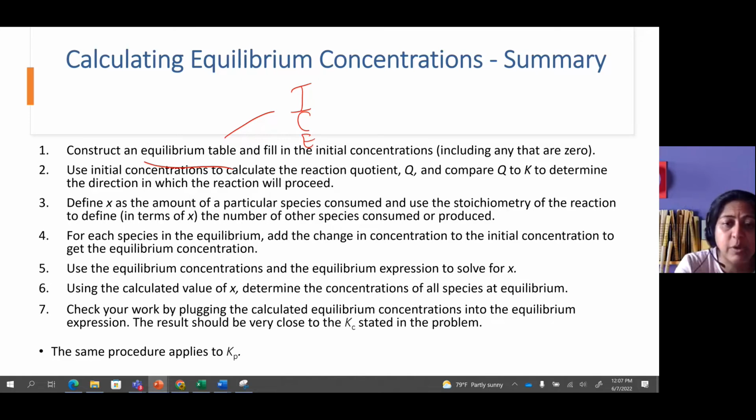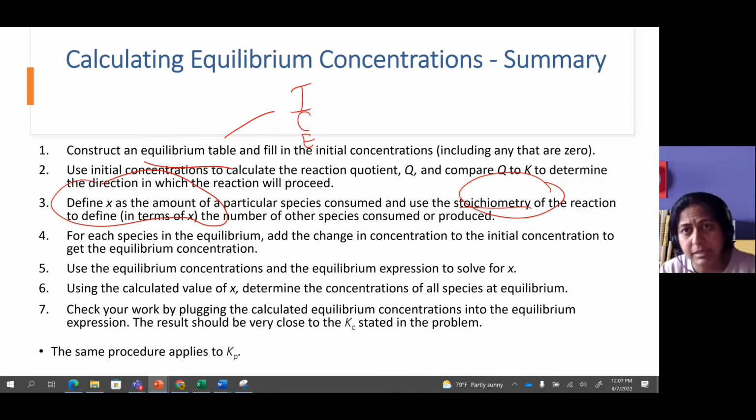Next, from the balanced chemical equation, get the stoichiometry and fill in the X relative to this stoichiometry ratio, and then solve for X. Using the X, find the equilibrium concentrations of the reactants and the products.